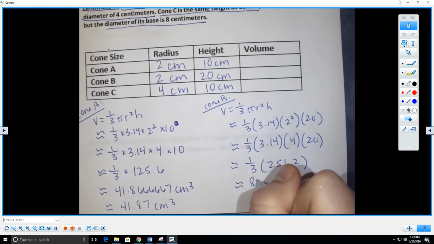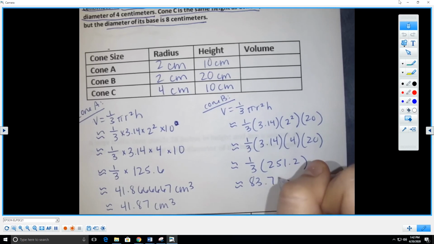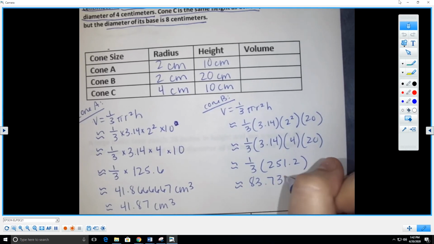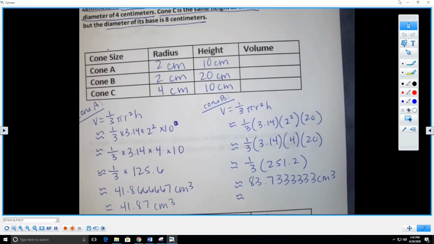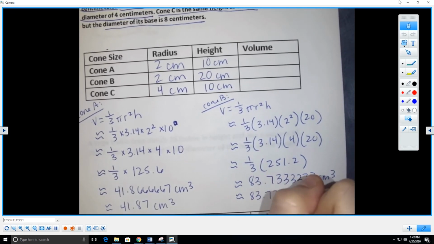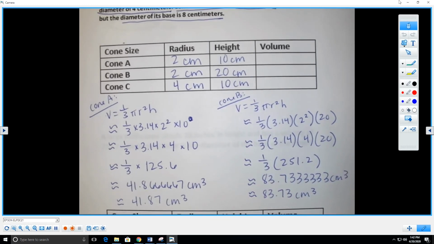And then that's going to give me 83.73 centimeters cubed when rounded to the nearest hundredth. All right, so I've done 2 for you. I'm going to let you do the volume of cone C on your own.